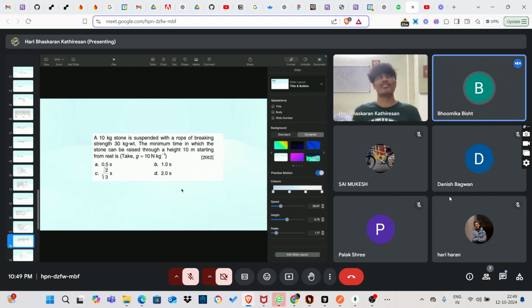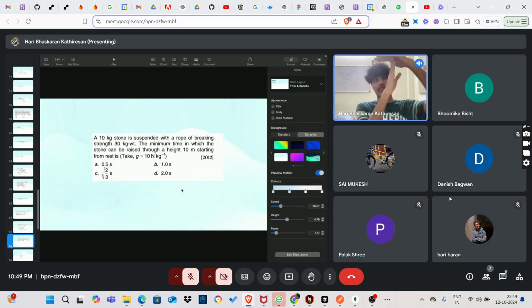Come on, there are two scenarios. First case is when the lift is going upwards, that's T1, and the lift is going downwards, that's T2. Will T1 be greater than T or less than T? Will T2 be greater than T or less than T?